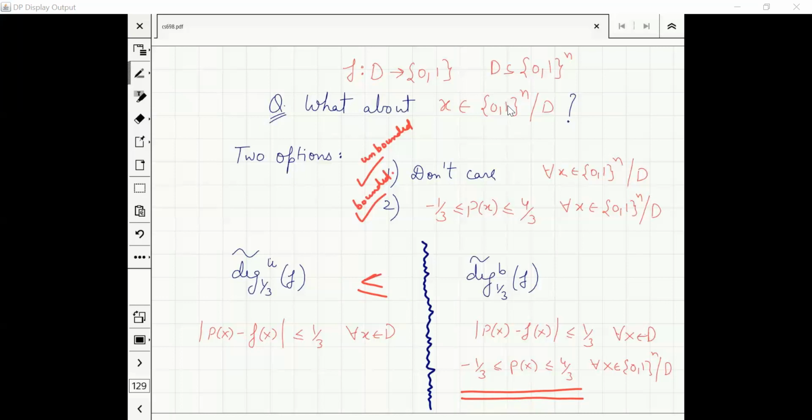And that means if we want to use our approximate degree to lower bound, it might be better to use this if it is a lower bound. And in the case of quantum query complexity, this is going to be a lower bound. We can even change this to 0 and 1. Since our P is going to capture the probability of acceptance, it has to be between 0 and 1.